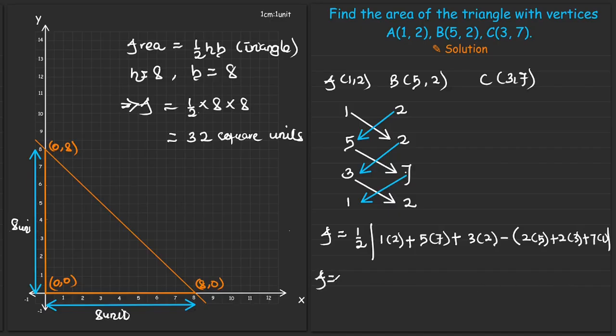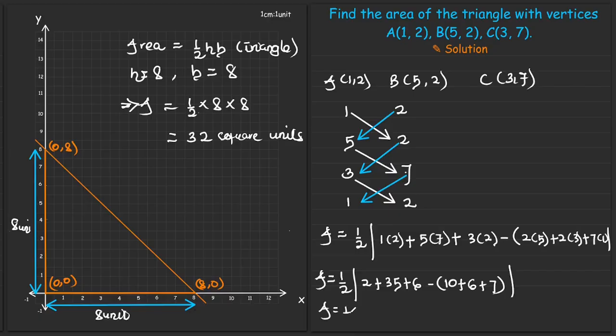So our area is equal to 1 over 2. Then we have 2 times 1, which gives us a 2. So we have 2 plus 35 plus 6. Then minus 2 times 5 gives us a 10, so 10 plus 2 times 3 is 6, then plus 7 times 1 is 7.